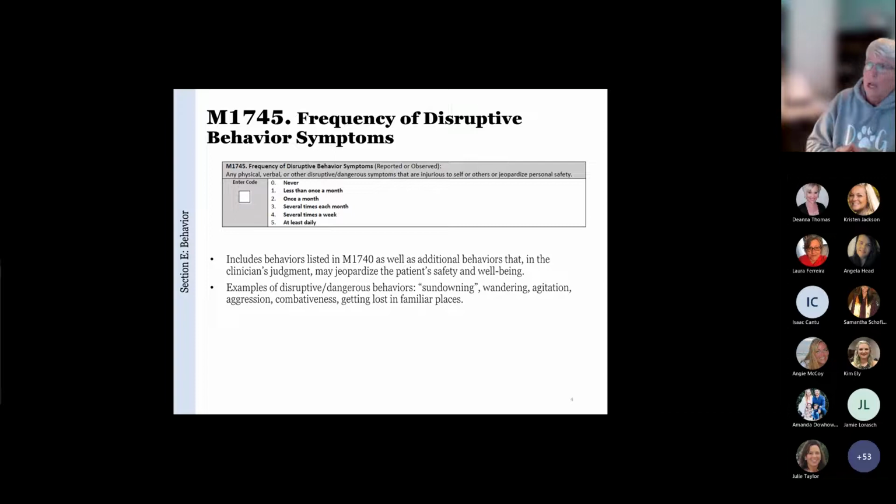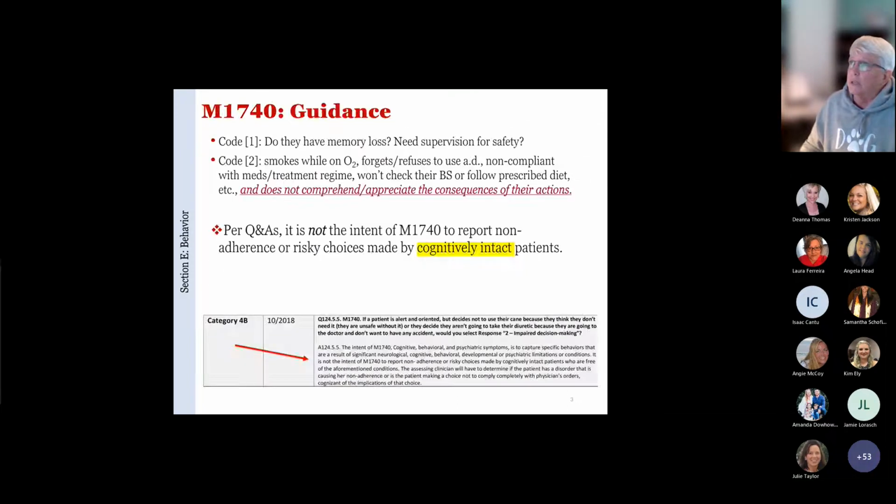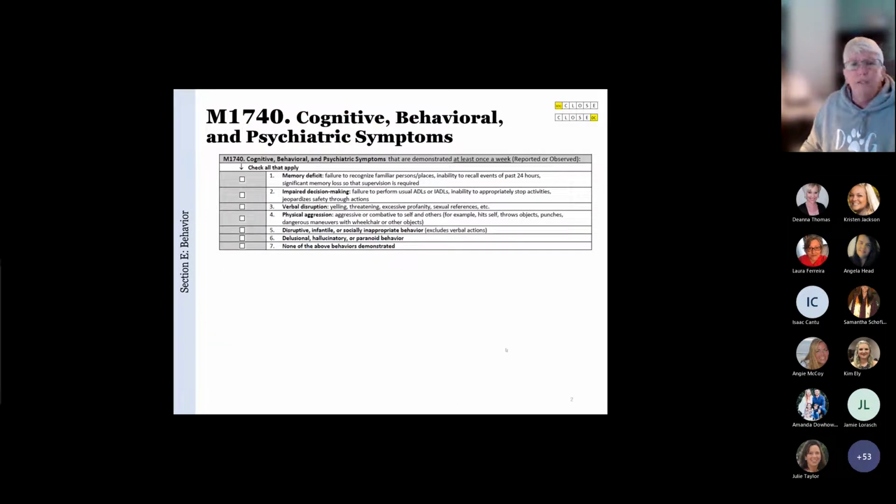So, when we look at the item, it says, reported or observed anything that's injurious to themselves or others or jeopardizes the personal safety. And it has all these timeline choices. So if the clinician had marked off some behavior in M1740, and if we look back at 1740, the time frame was that they demonstrated that particular behavior at least once a week.